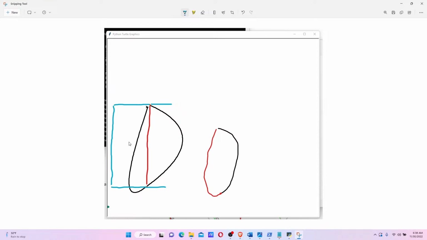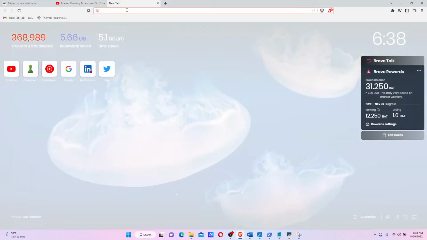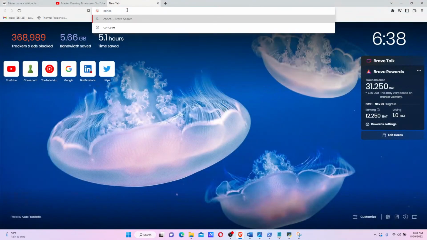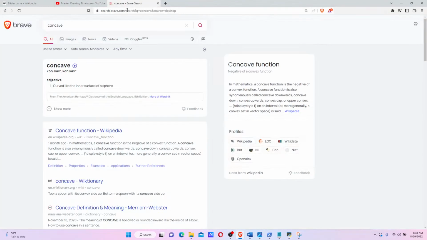And that's the other thing, is last time I was trying to draw a convex shape. Let me think, convex versus concave, I never remember which is which.